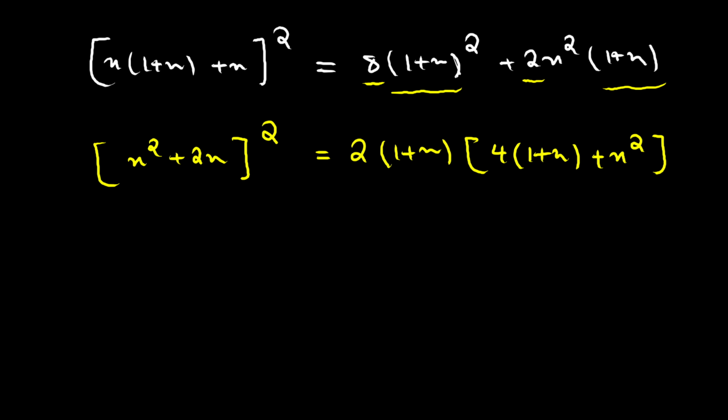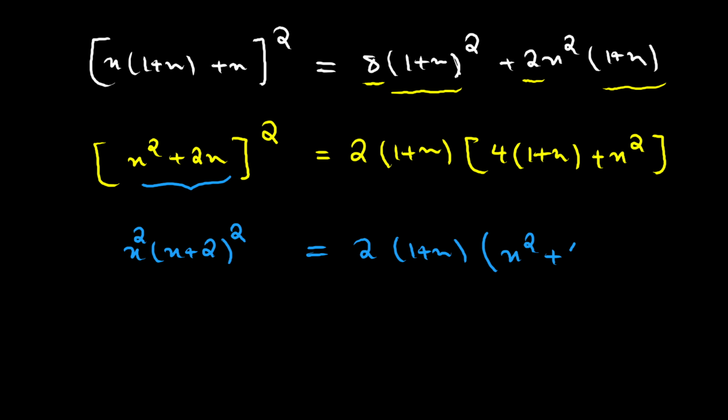Now we can do something else as well. We can factor an x out of these two. So we'll have x times (x plus 2). And then we can distribute the power. So we'll have x squared times (x plus 2) all squared. And on the right-hand side, we will have 2 times (1 plus x) times (x squared plus 4x plus 4).